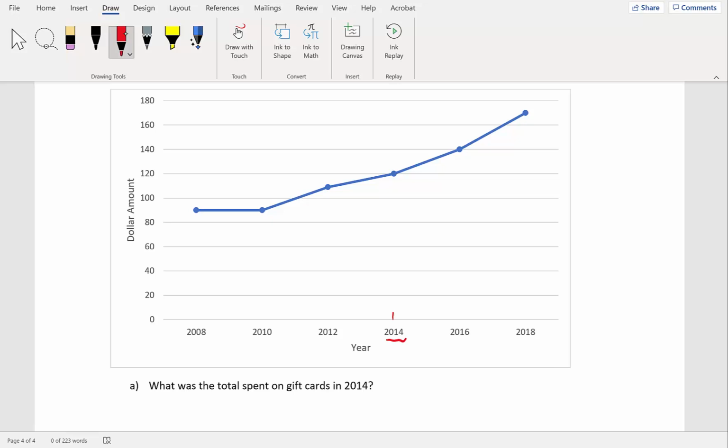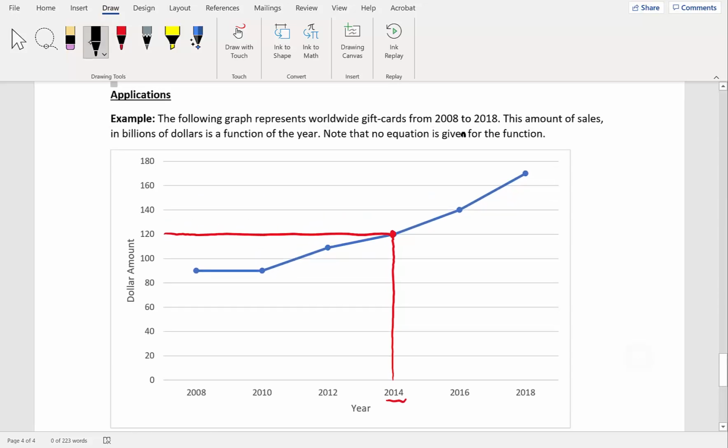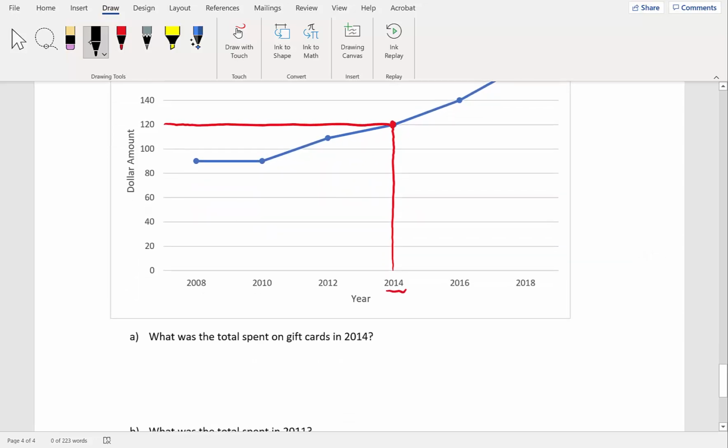Well, let's go up to see where our graph is. We have this point. So now let's line it up with the dollar amount, which is right over here. So it tells us 120. And what was this in billions of dollars. So the total amount spent in 2014 was $120 billion.